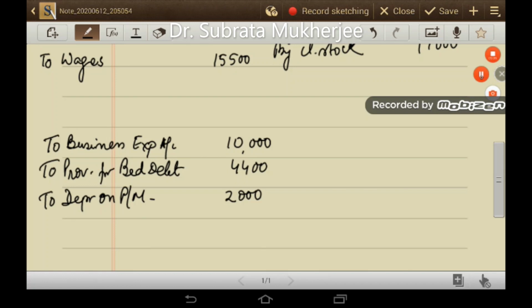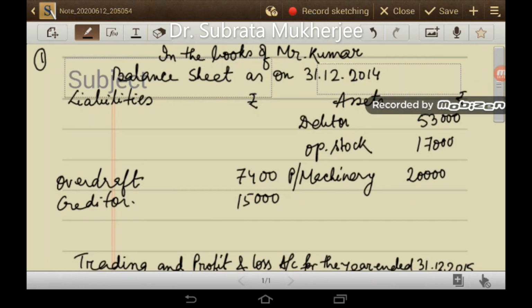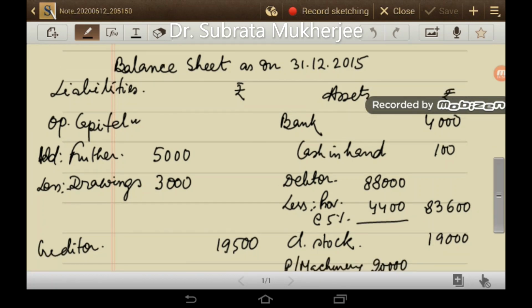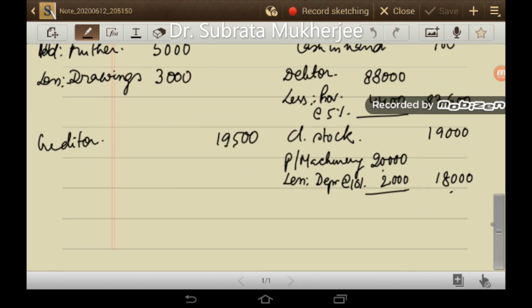Next item is furniture and fitting. So opening balance of furniture and fitting is 1,400. So I am writing it in the opening balance sheet on 31st December 2014, and the closing balance of furniture and fitting in the closing balance sheet. So furniture and fitting is 1,400 in the inner column, less depreciation at the rate 10%.